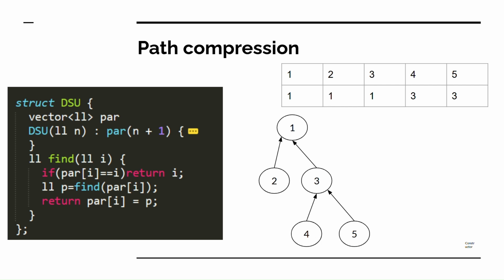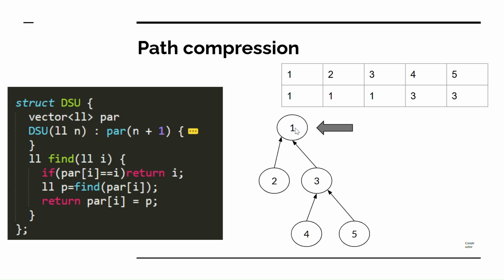Let's take an example. Suppose we want to find the root node of 5. The first line, as this is not the root node, so we call the second line, that is find the root node of its parent, that is 3. So we want to find the root node of 3. As 3 is not satisfying the first line, that is, it's not a root node, we want to find the root node of its parent, that is 1.